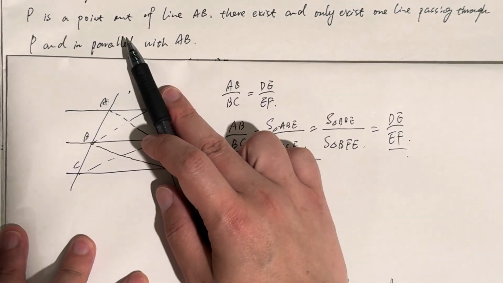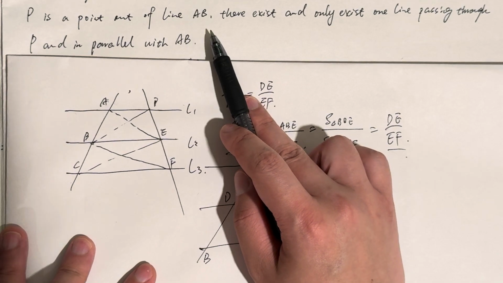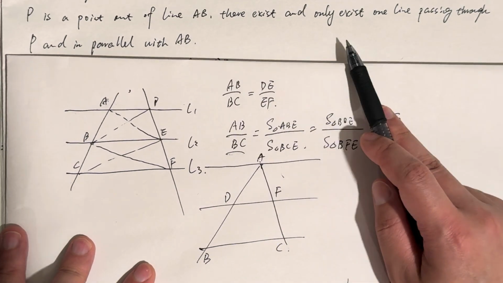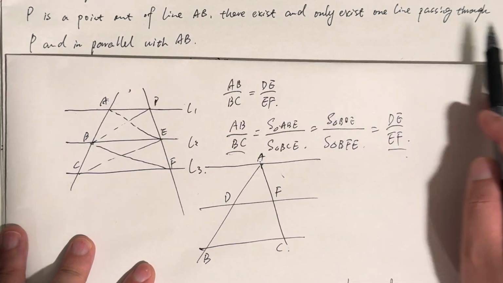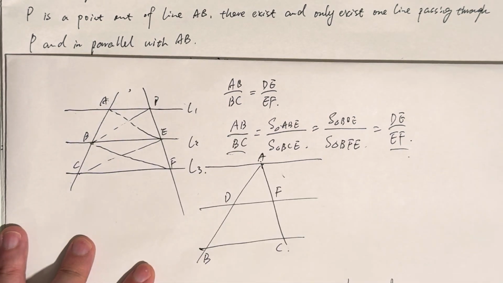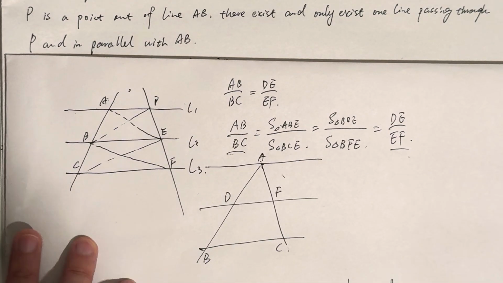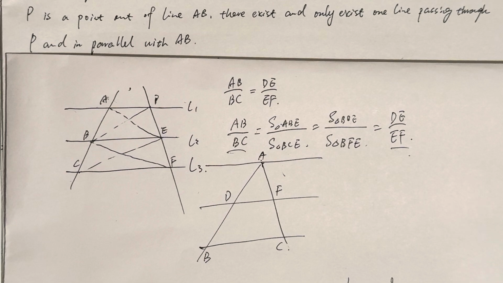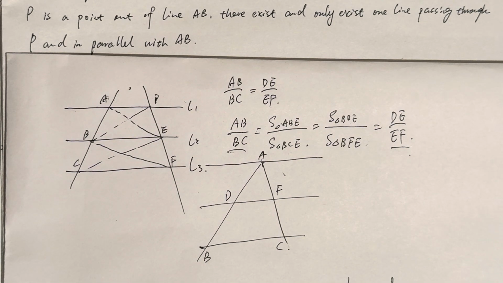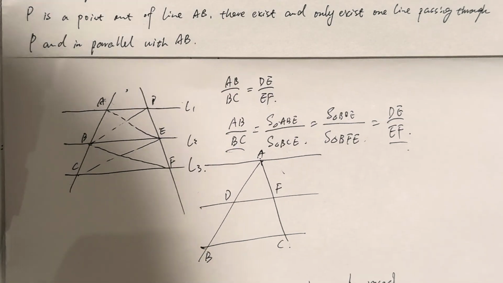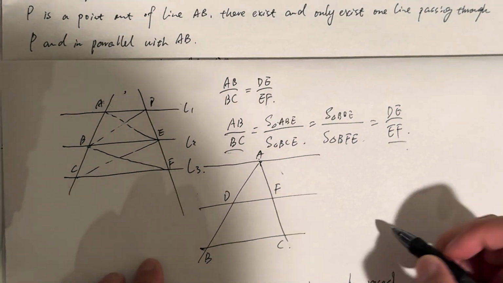Let's see the next one. P is a point outside line AB. There exists one and only one line passing through P and parallel to AB. Okay, so for this problem, we first need to prove that this parallel line exists, which means we have to find a method that can find the parallel line. We can just use what we learned, right?